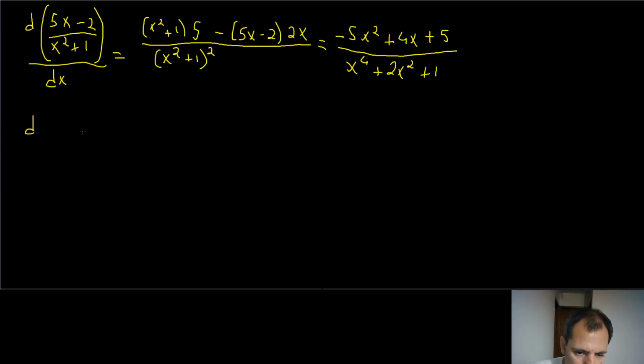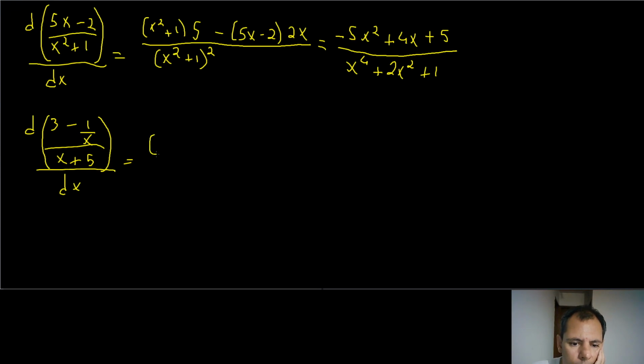We're going to differentiate (3 minus 1 over x) divided by (x plus 5). I'm going to differentiate this whole thing with respect to x. Let's go. It's going to be x plus 5 times the derivative of this, which in this case is 0, right?